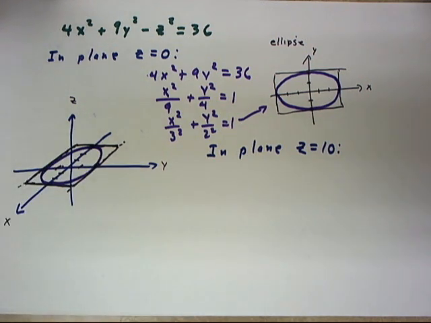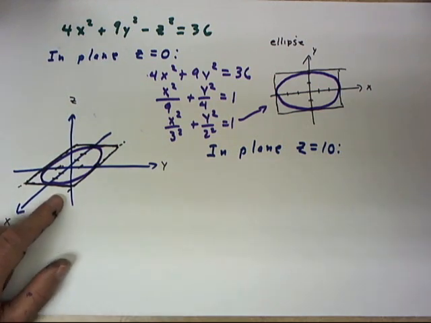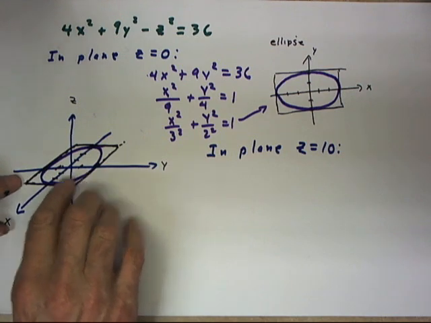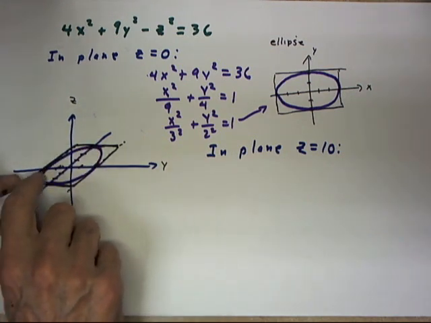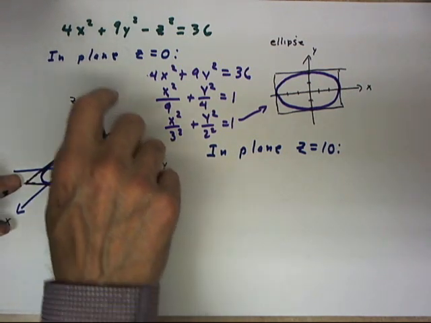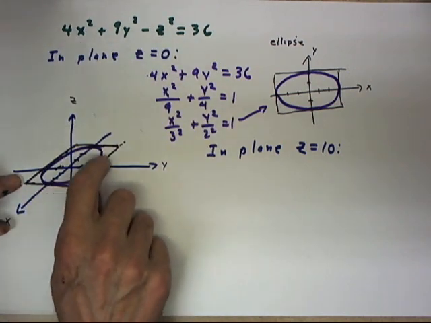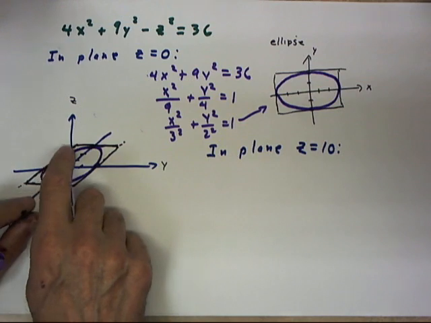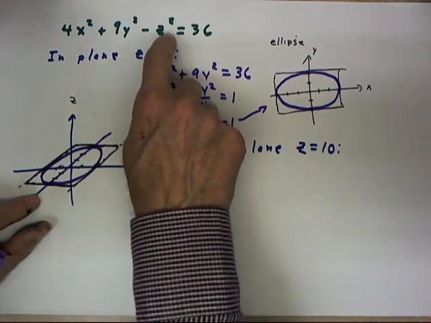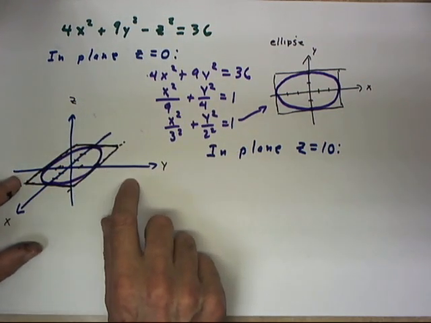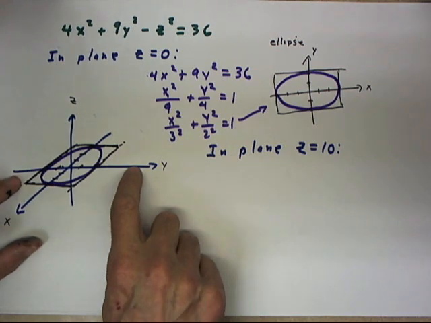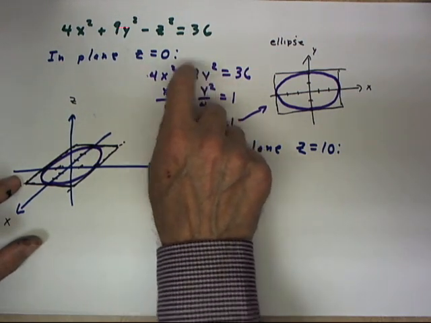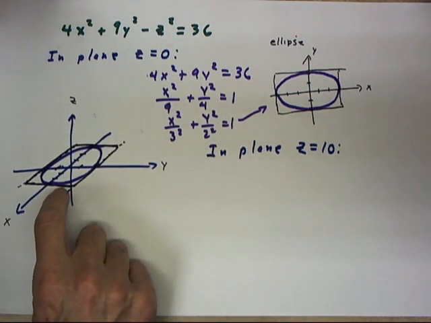So that's not a particularly good representation of the ellipse in the xy plane, but we understand this is an ellipse in the xy plane, and any point on this ellipse satisfies this equation, because for any point on this ellipse, z is 0 because it's in the z equals 0 plane, and because x and y satisfy the equation we get if we let z equal 0.